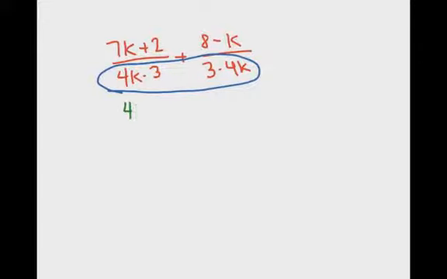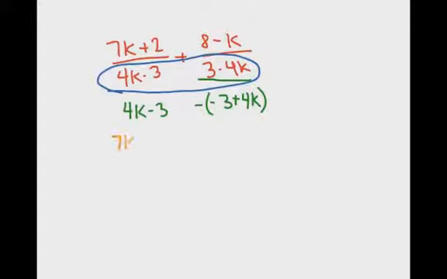So we could have our 4k minus 3. And then if we pull a negative out of our second one, we have negative, and then we have our parentheses. And then we change the signs of everything that is here. So we have negative 3 plus 4k. Okay, so now our denominators look the same. And I'll rewrite these.